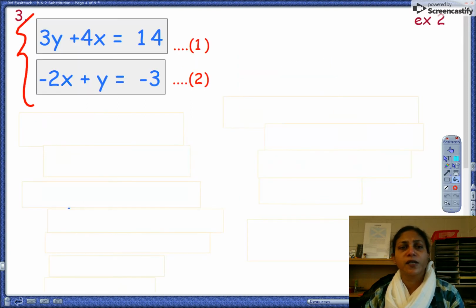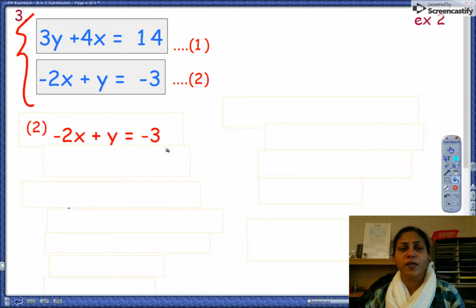So we're going to try something a little bit more complicated. In this, we have two equations and it looks complicated, but remember, you want to find some way to substitute, and you try to look for the variable that is already by itself. I'm looking at the y, and y is already by itself in the second equation.